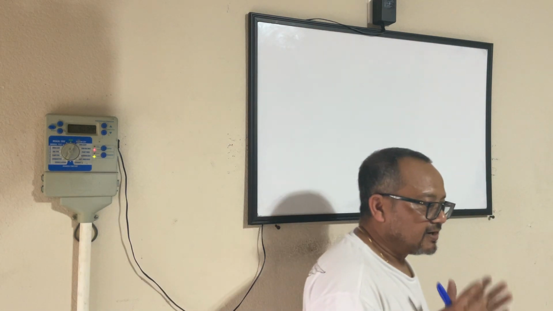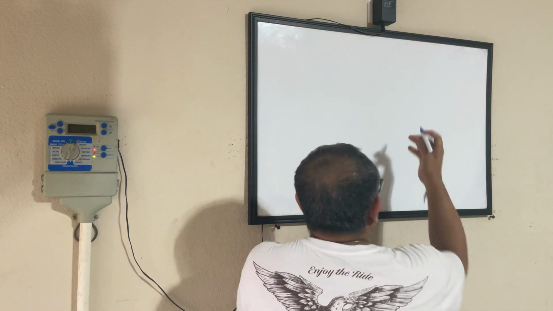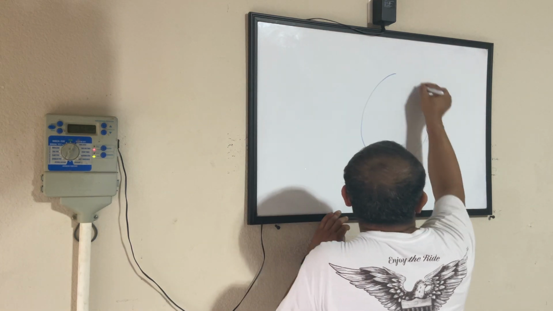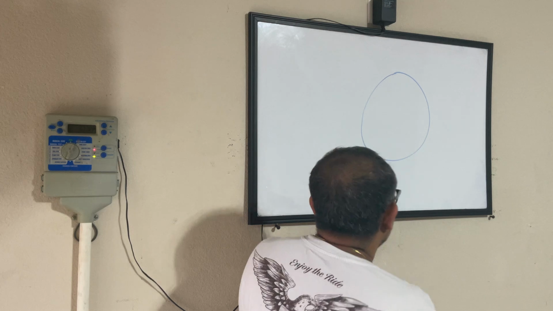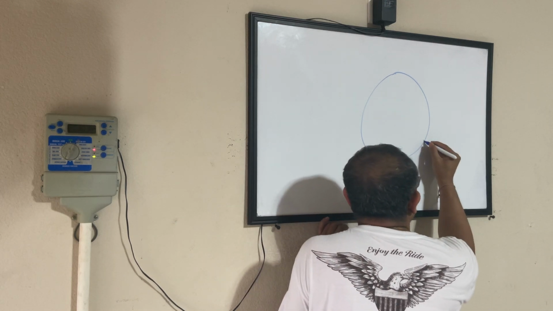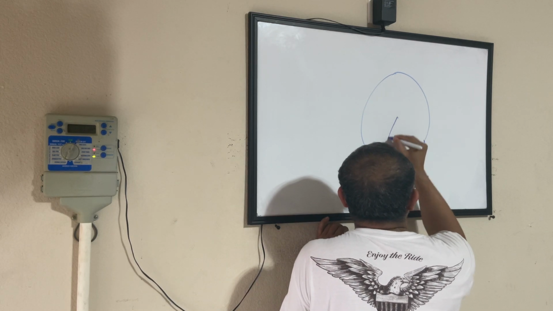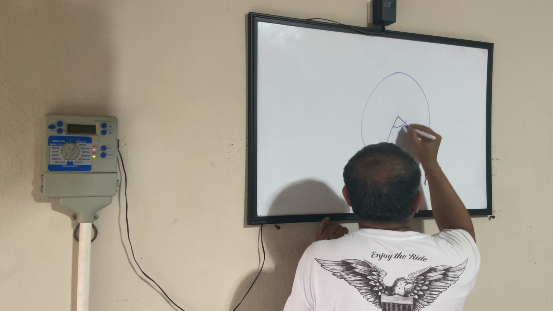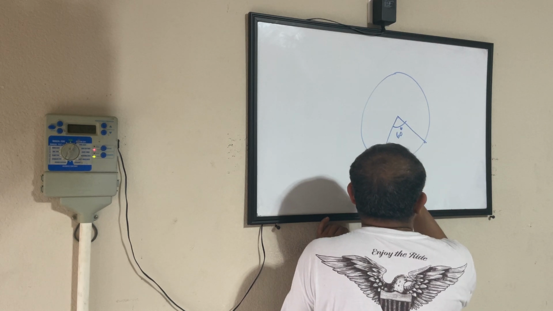Now, going back to the same thing. The question was, this is a circle, and there are 2 points on the perimeter making an angle of 60 degrees at the center. Find the area of the segment.